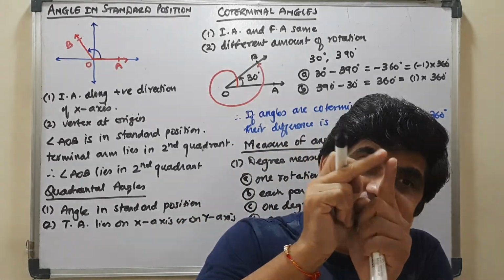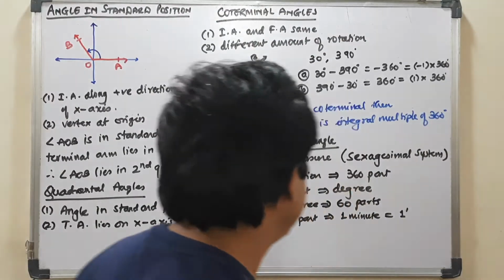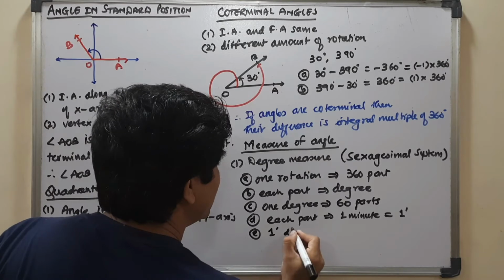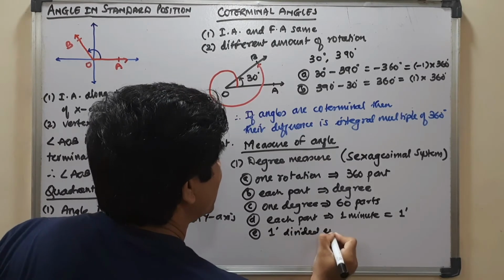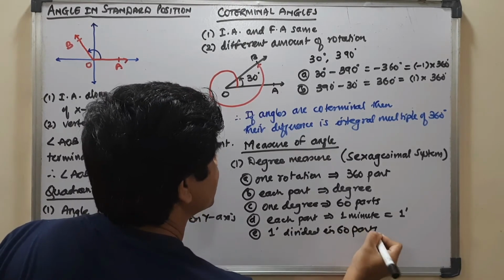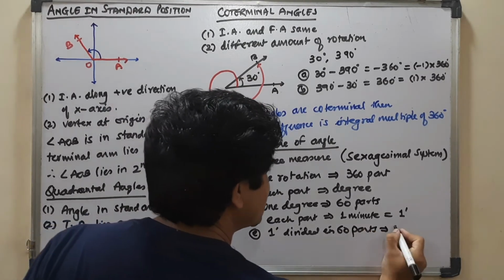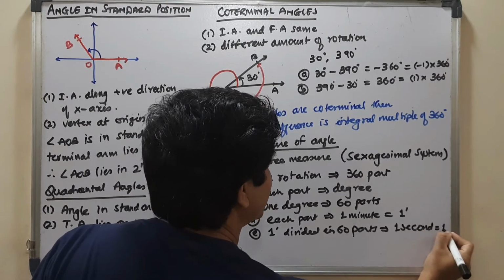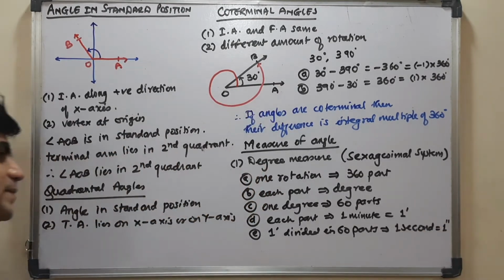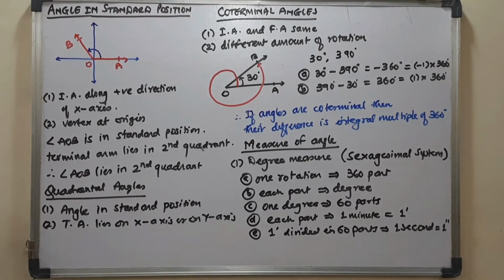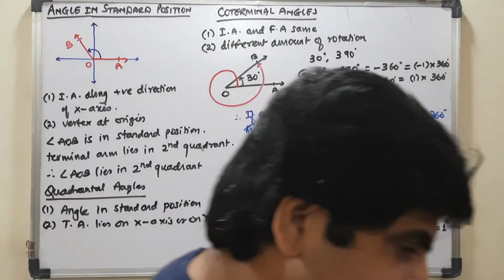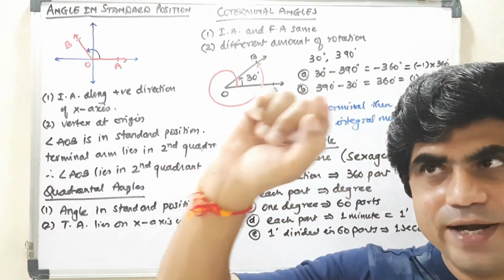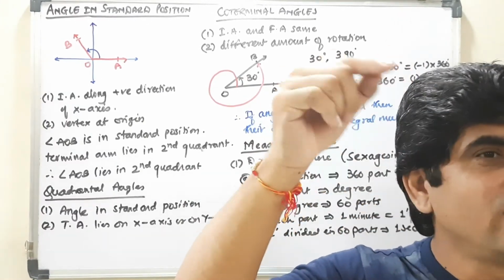Now that 1 minute again divided into 60 parts is called 1 second, with its own symbol. So 1 rotation is divided into 360 parts, each part called a degree.